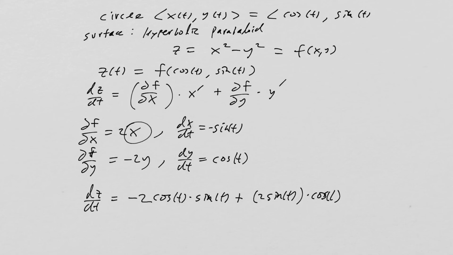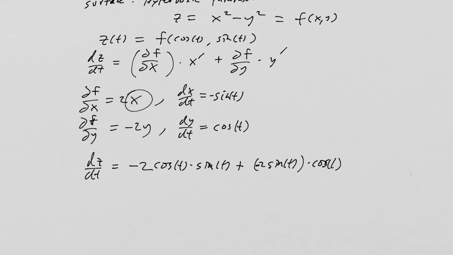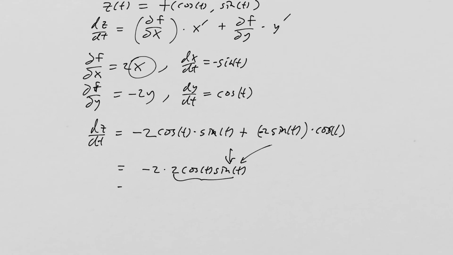Of course, we forgot the negative there, I'm sorry about that. We have to put that negative on the 2 sine t. Okay, that looks good. These are actually like terms, so we can combine them to get negative 2 times 2 cosine of t sine of t. And this is a fairly recognizable trig identity: negative 2 times sine 2t. That's what we have there.